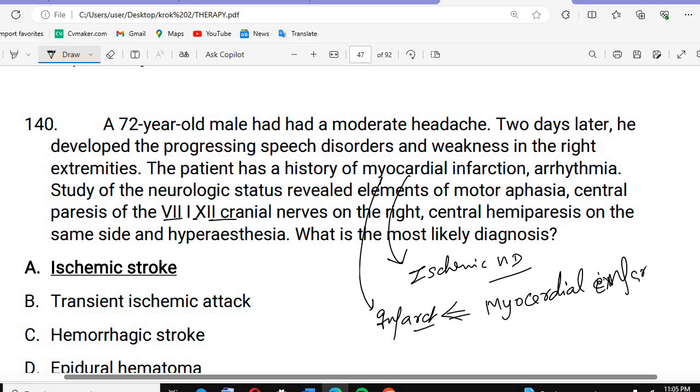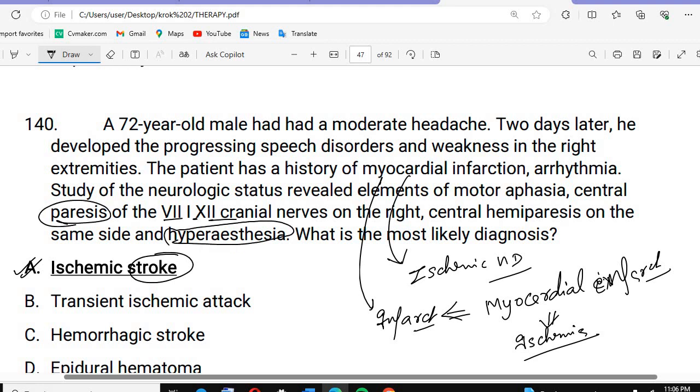The myocardial infarct will be there, and in the myocardial infarct, what we see, the clot will block the blood. So the patient will have this due to ischemia. So what do you call this condition? The patient will be having an ischemic stroke, because we have seen that a patient having paresis, hyperesthesia type of conditions, we see only in which condition?